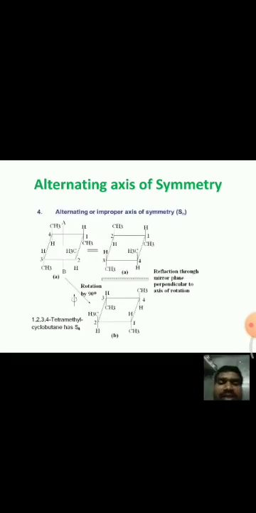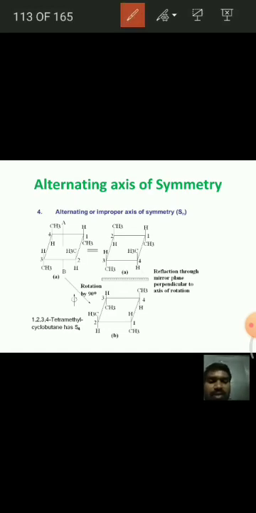For example, this is the molecule, through an axis, that is AB. If we rotate by 90 degrees, see here in the clockwise direction, the first carbon comes here, and the second carbon comes here, and third and fourth.